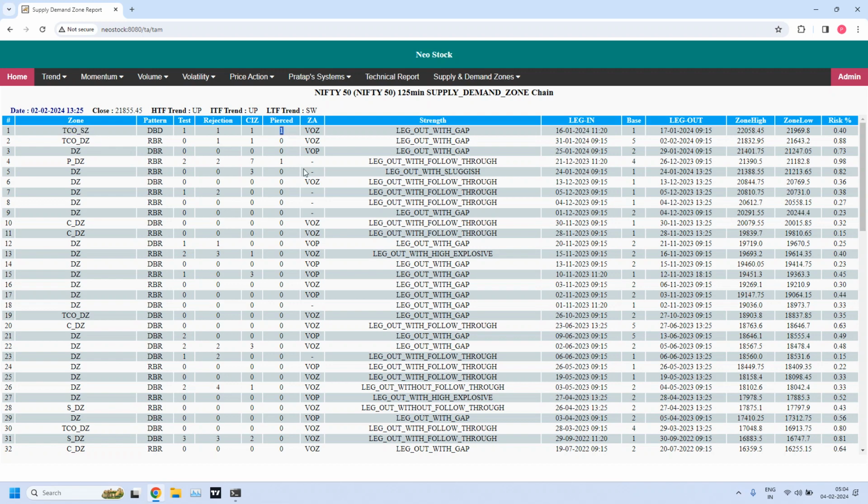Probably it happened last Friday, because when it reached the all-time high, definitely it should violate all the zones, either violate or pierce. So this is the all-time high demand zone now at 125 minutes level. The levels are 21,832 to 21,642.